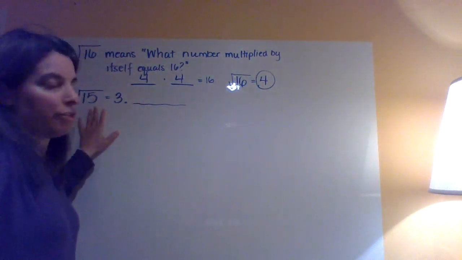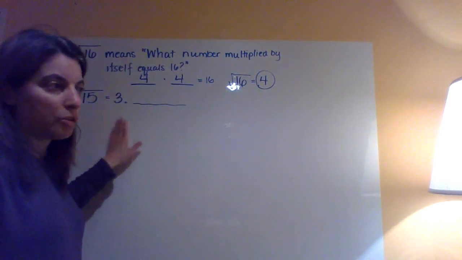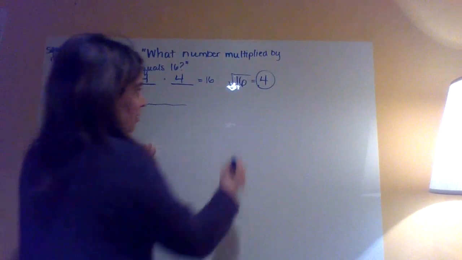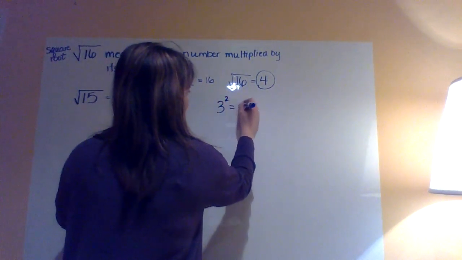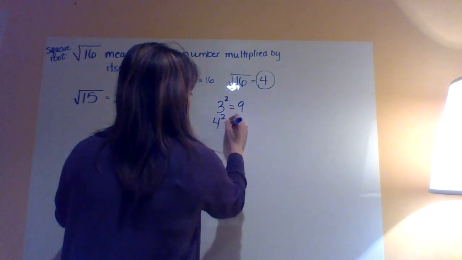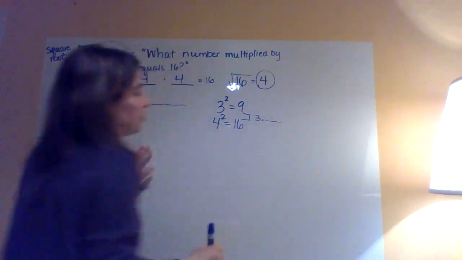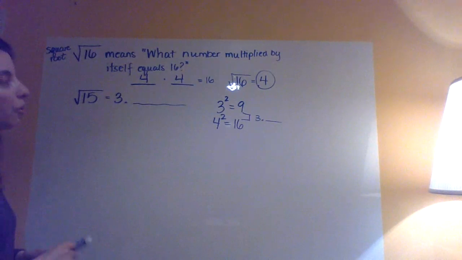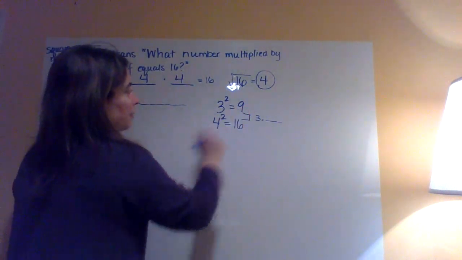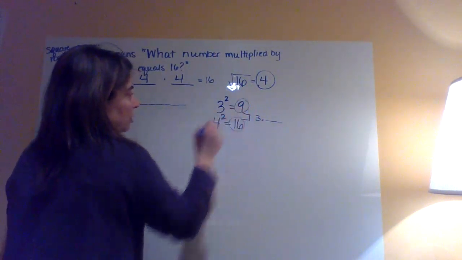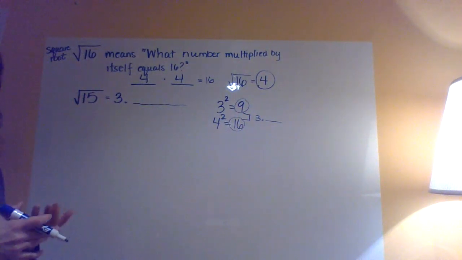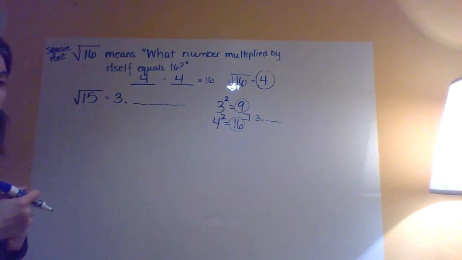There's no such number for 15. I mean, 3 times 3 is 9, or 3 squared is 9. 4 squared is 16. Everything in between is going to be 3 point something. So these are special numbers because their square root is an integer. We call those perfect squares.